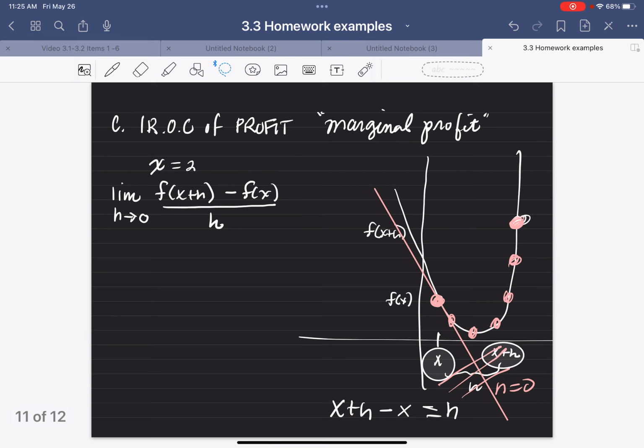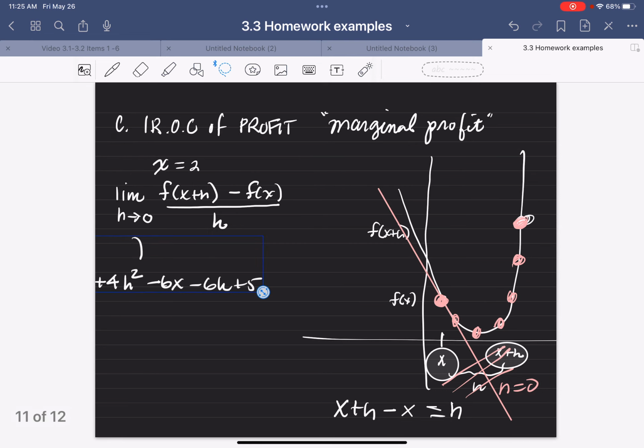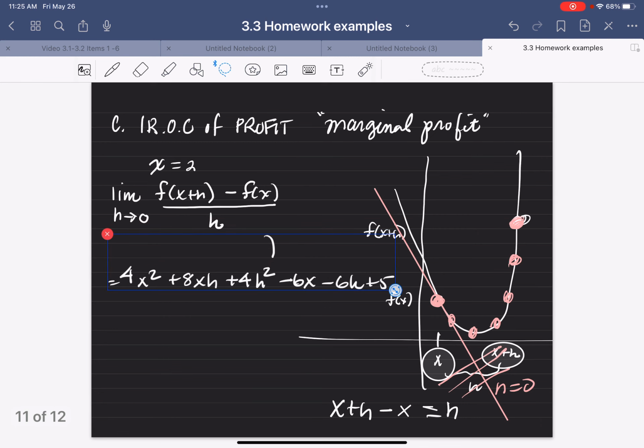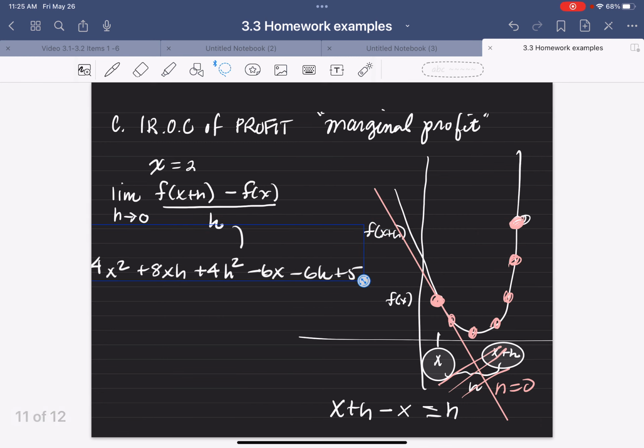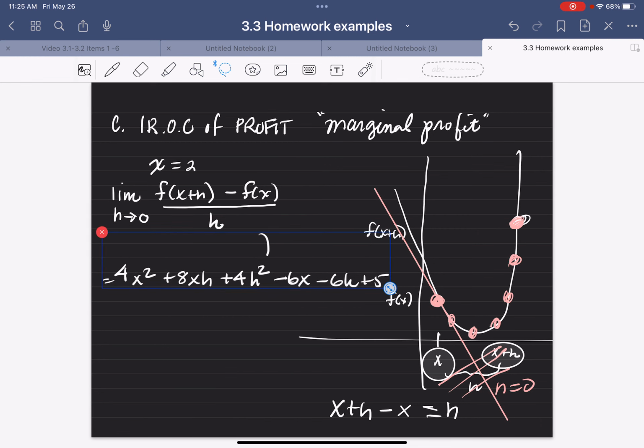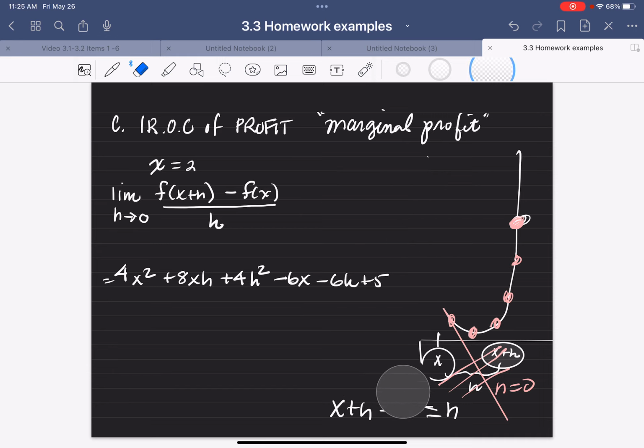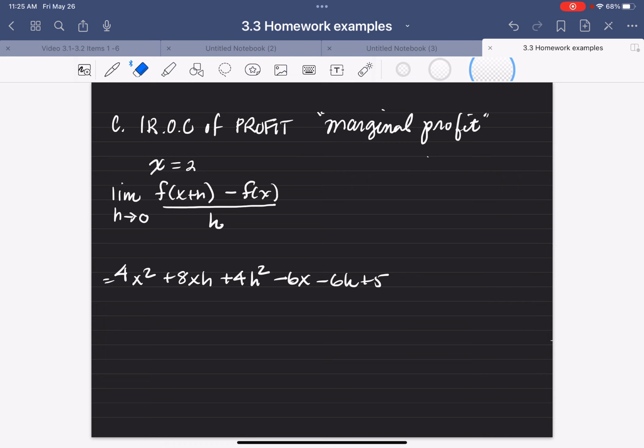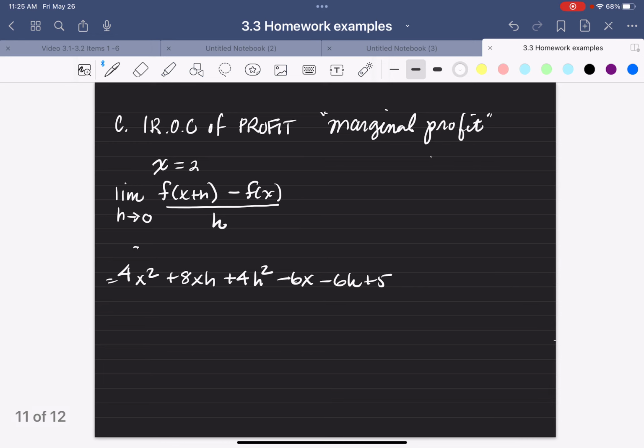So I'll go back over here, and I've got 4x squared plus 8xh plus 4h squared minus 6x minus 6h plus 5. So that's just that first part of the difference quotient. Okay, this is called the difference quotient, and we've just done the first part, just the f of x plus h. So here's our f of x plus h.